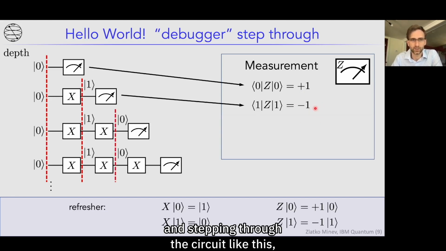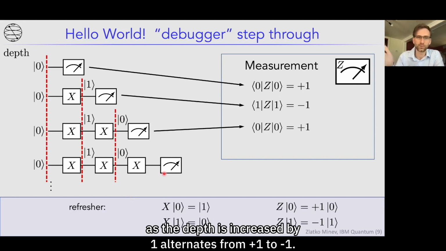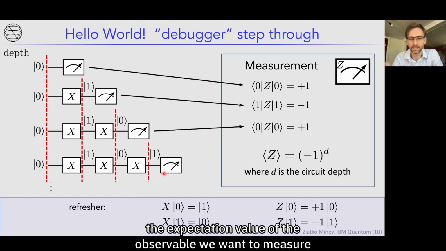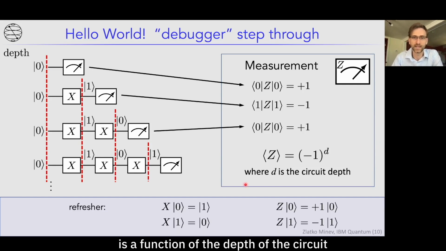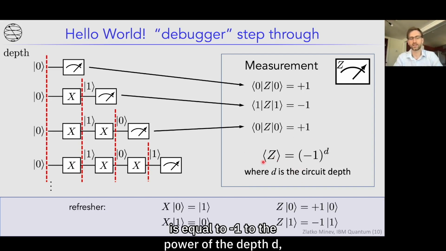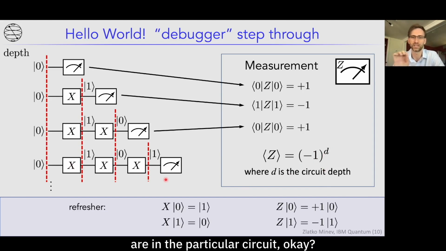And stepping through the circuit like this, going over to step 3 and step 4 and so on, we'll see that the result, as the depth is increased by 1, alternates from +1 to -1. In other words, the expectation value of the observable we want to measure as a function of the depth of this circuit is an alternating series of +1s and -1s, which we can write as the expectation value of z is equal to (-1) to the power of the depth d, where d is the integer denoting how many x gates are in the particular circuit.